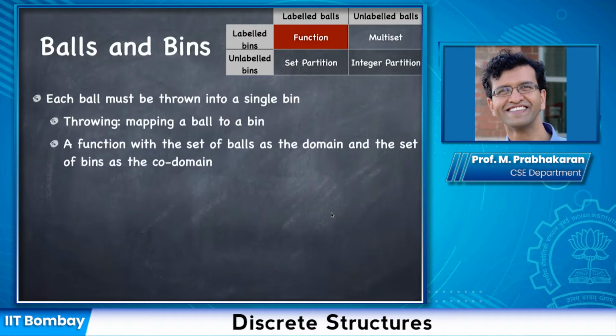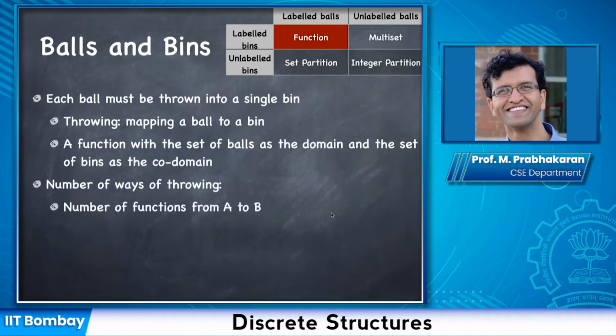You are defining a function from the set of balls as the domain to the set of bins as the codomain. So counting the number of different ways in which you can throw these balls is exactly the same as asking to count the number of different functions from the set A of balls to the set B of bins.